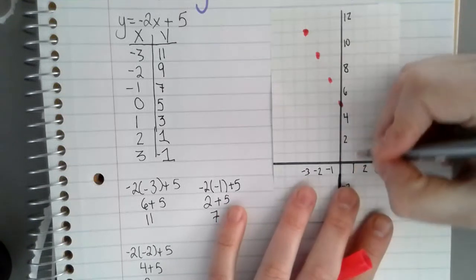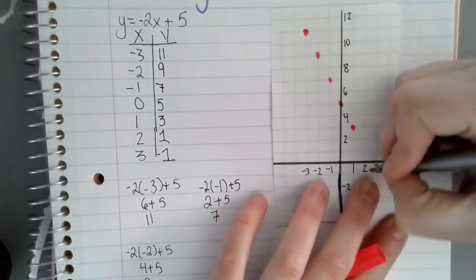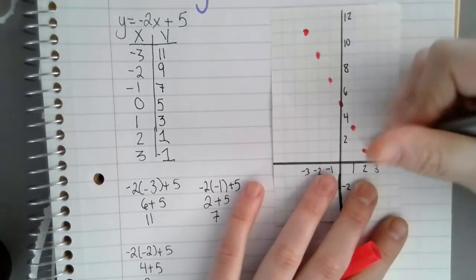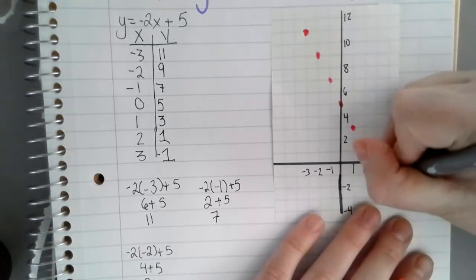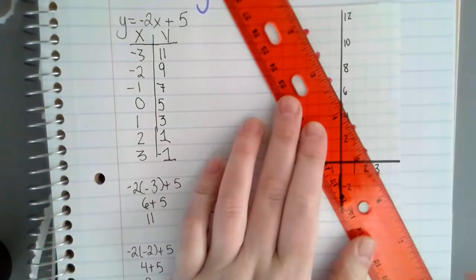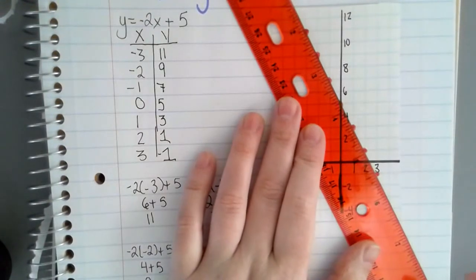My 1, it's going to be 3. 2, it's going to be 1. And then my 3 is going to go over the x-axis into the next quadrant. So this is what this is going to look like at this point. If I correctly plotted things, it should form a straight line, which it does.